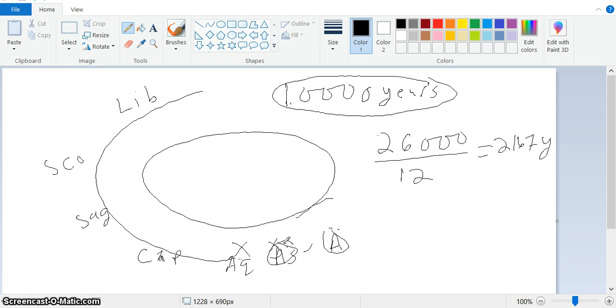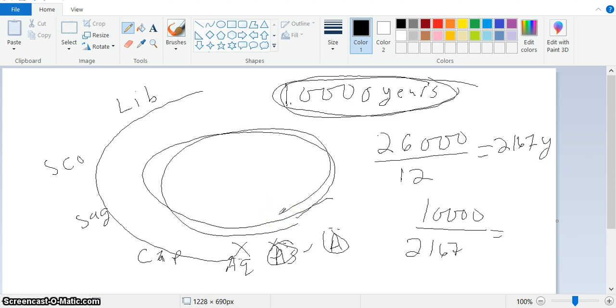All right. So anyhow, because of precession, the vernal equinox will keep moving, so we just say, all right, well, in 10,000 years, how many times will it move, right? So you just take 10,000 and divide it by roughly 2,167. If we took 26,000 years, it would go all the way around and return back to where it currently is in the constellation Pisces.